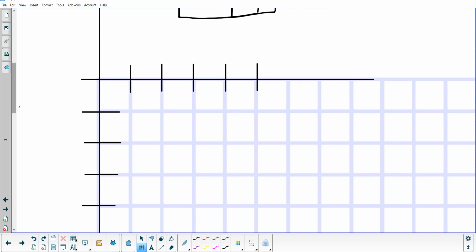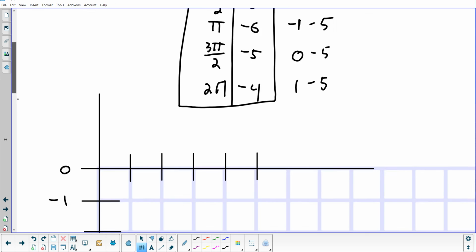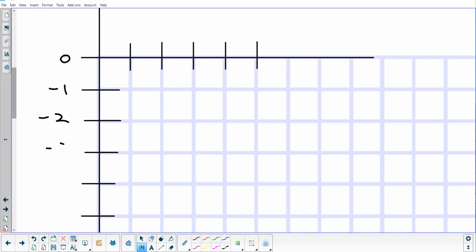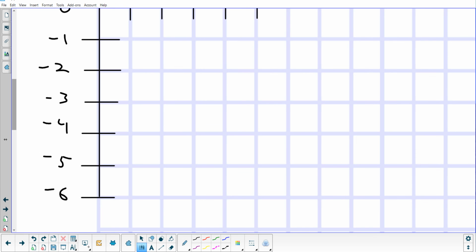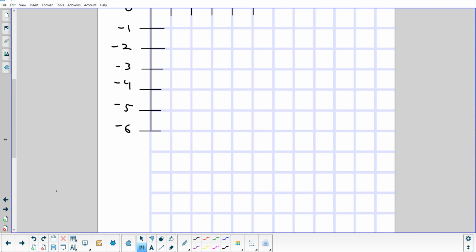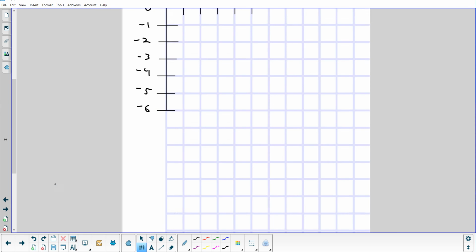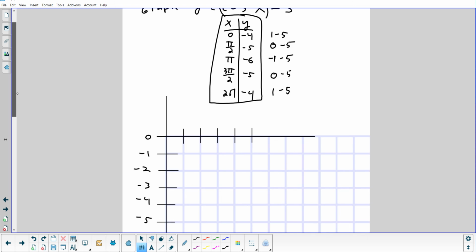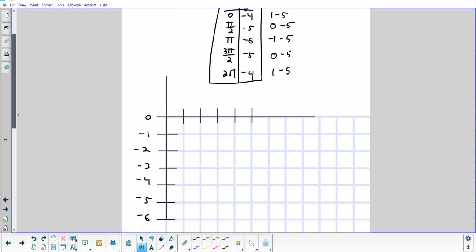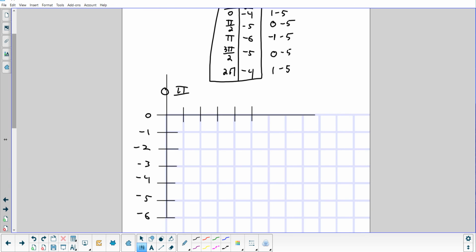So we've got 0. I think the lowest we have to go is negative 6. Yep, got enough. Okay, and I got to put my labels for my x's. This time I'm going to put my labels up above the grid just because I think it's easier to see this time.